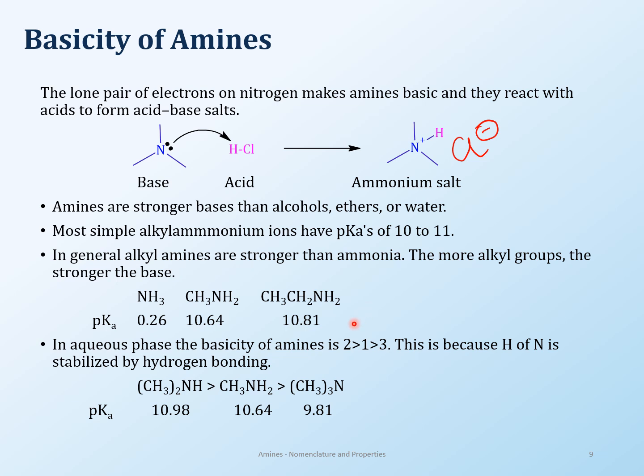Now, there is a little bit of a difference between aqueous phase and gas phase because of how the structure is for ammonia or for nitrogen. But in a normal gas phase setting, a tertiary amine would be the strongest one. In aqueous phase, things are a little bit different.